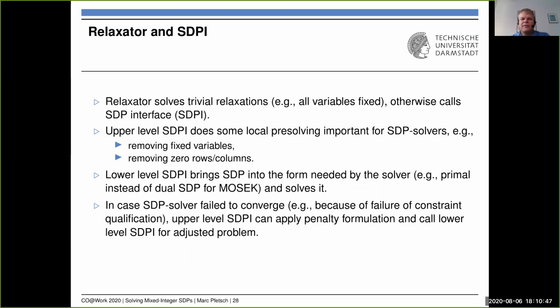All this is important for most SDP solvers because they would break down otherwise, which is maybe a bit surprising at first glance, but this is how it is, and the relaxator takes care of this. The lower level SDPI brings the SDP into the form needed by the solver. And then if the SDP solver fails to converge, then it applies this penalty formulation and the upper bounding SDP.